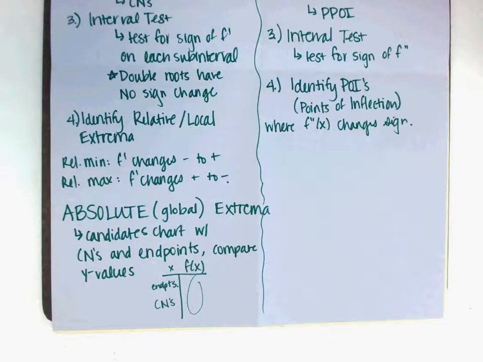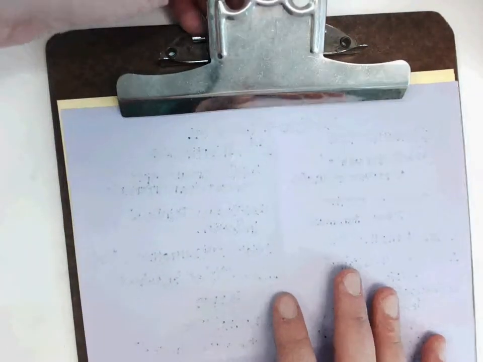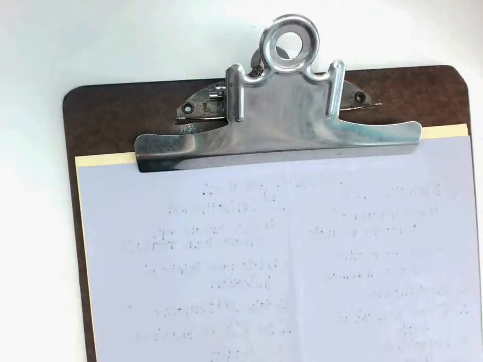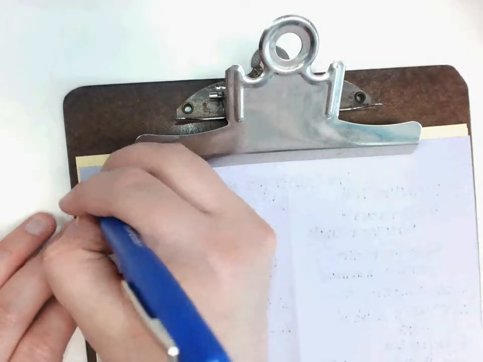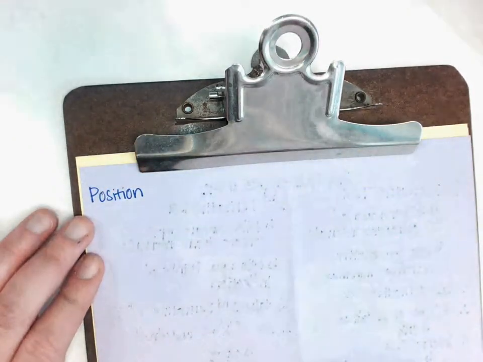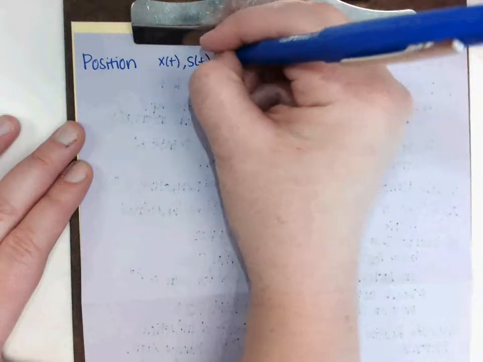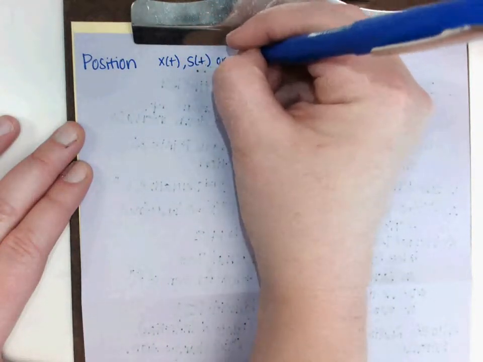When you're ready, turn over to the back page, please. Back side. Top left-hand corner, we are going to put position. Remember that position is generally given by x of t, s of t, or y of t.